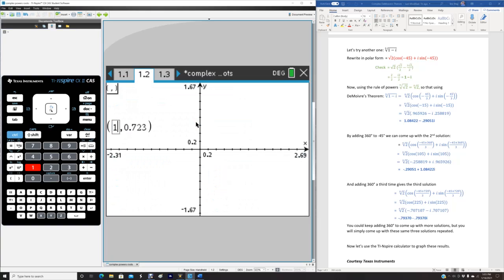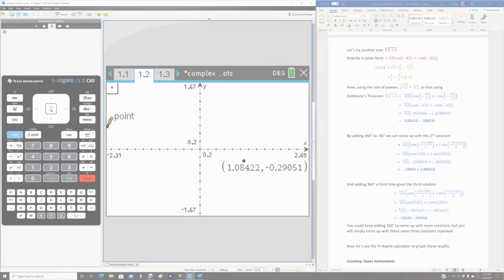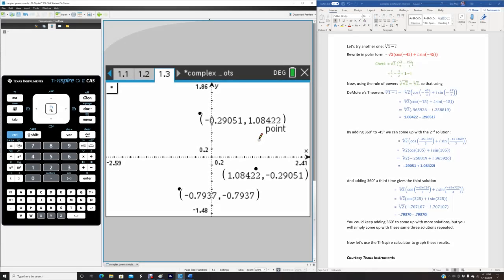We'll use 1.08422, enter, minus 0.29051, enter, and there's the point. The next two points are plotted in the same way, and I have those shown for you on the graph here. Minus 0.29051, 1.08422, that's up here, and then down below here is minus 0.7937 and minus 0.7937.